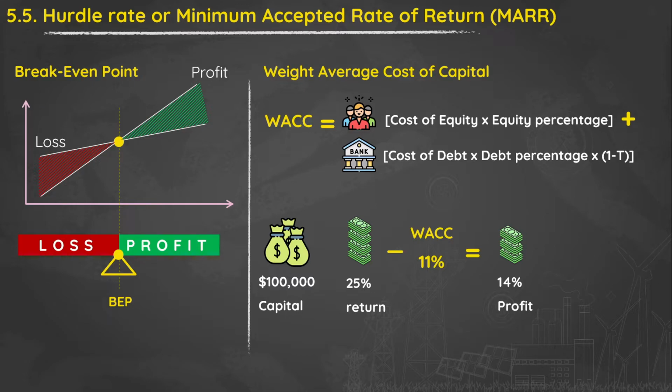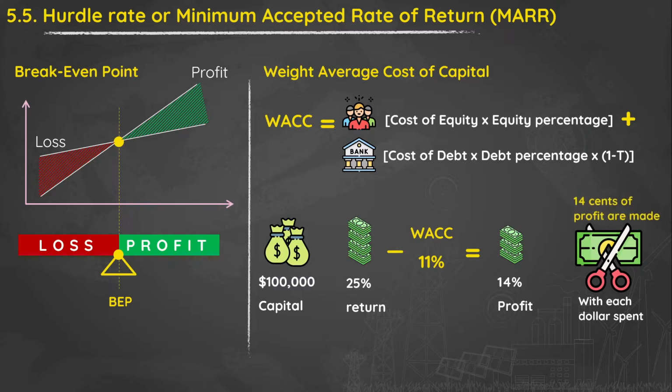This is the return, not the profit. So out of this 25%, 11 should go just to cover the expenses of collecting your capital, leaving you with 14% profit. In other words, you can say that with each $1 the company spent, you get 14 cents as a profit, not 25 cents.